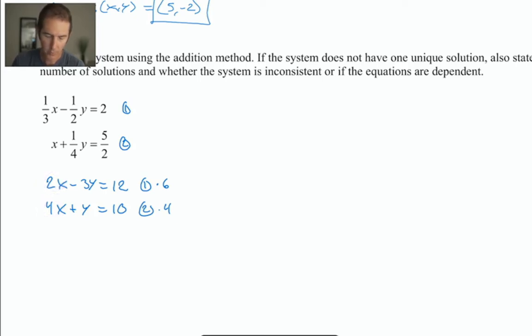The other option is, I love when I have a variable with a coefficient of 1 or negative 1, because I can easily make that into whatever I need it to be. In this case, I would take equation 2 and multiply it by 3 so that that becomes a positive 3y, which will cancel out with the negative 3y above it. And in fact, I think that's what I'm going to do.